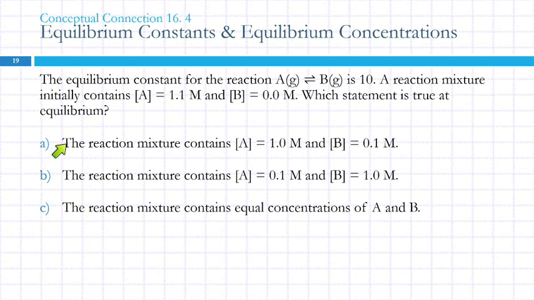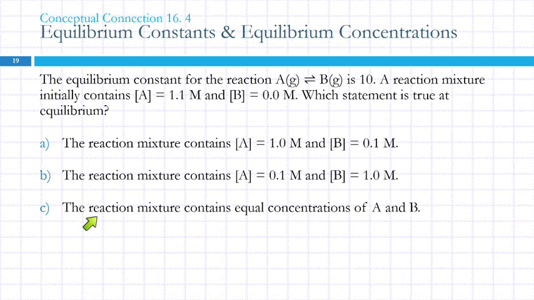So the first one says, well, the reaction mixture is 1 molar A and 0.1 molar B. So that would mean that it's not going very far to the right, it's staying more to the reactant side. Or A is going to be smaller and B is going to be bigger, meaning that it goes more towards the products. Or the concentrations are going to be equal.